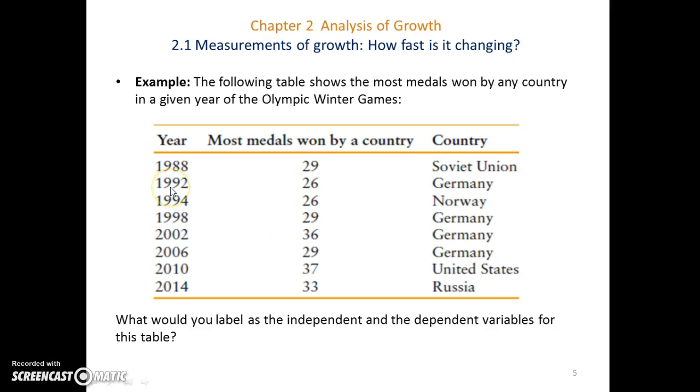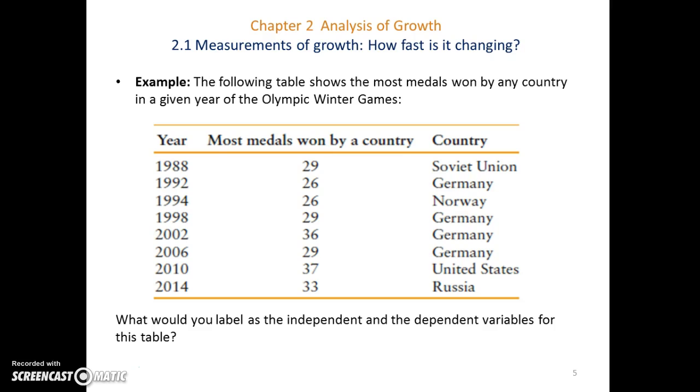In 1992, Germany had 26 medals. In '98, Germany had 29 medals. 2002, 36 medals. In 2006, 29 medals. So in this case, Germany, the input, has 1, 2, 3, 4 output values. In a function, every input value will have exactly 1 output value.